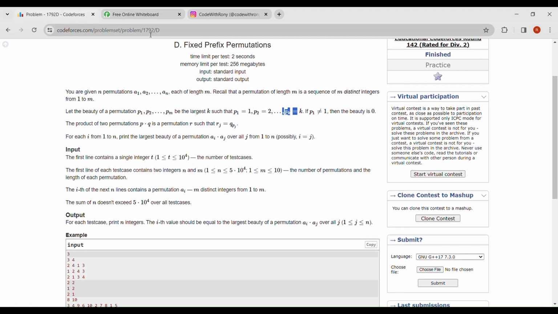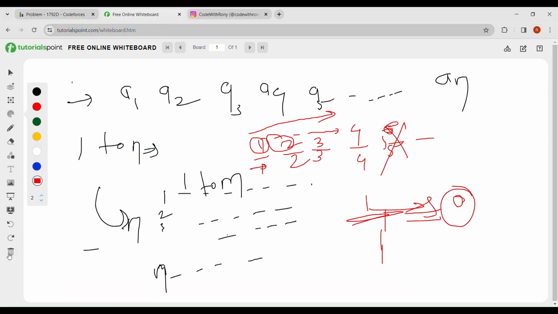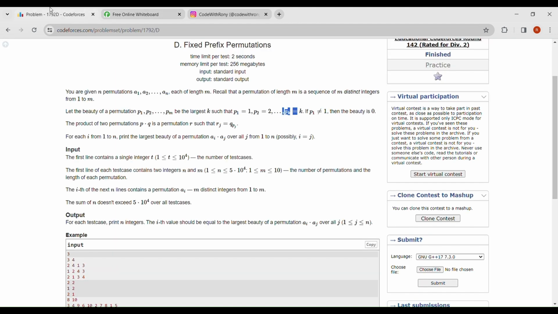Now they say we need to update the permutation.